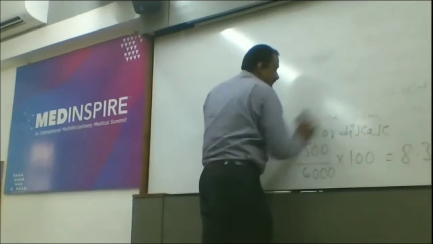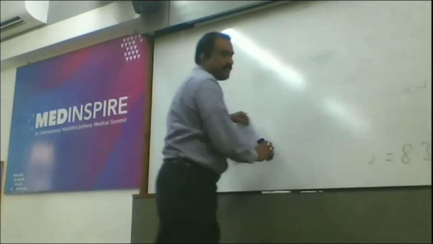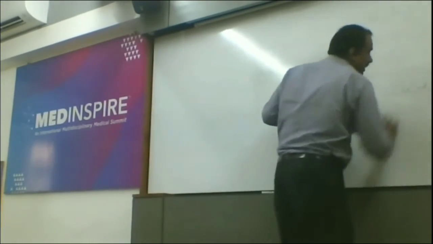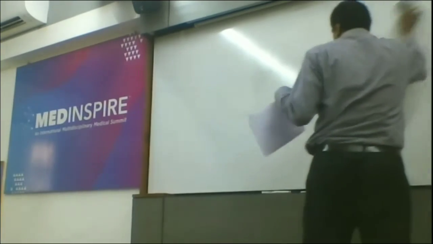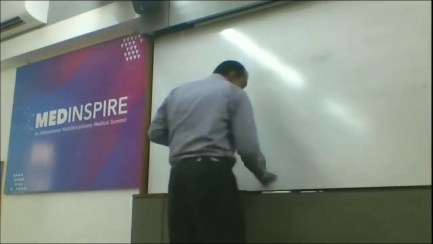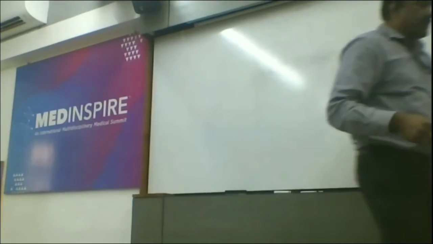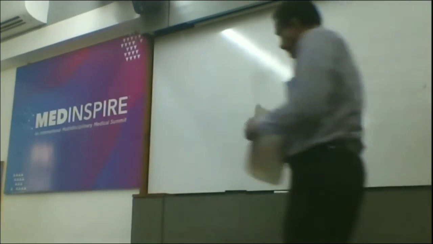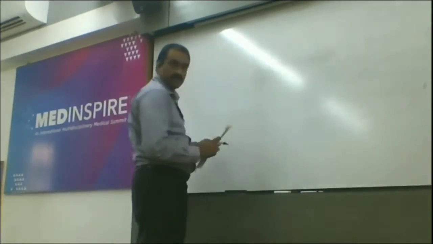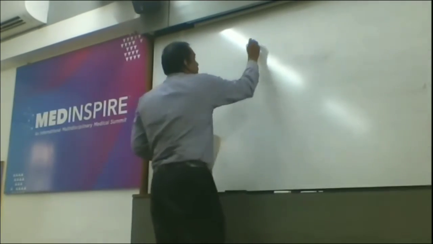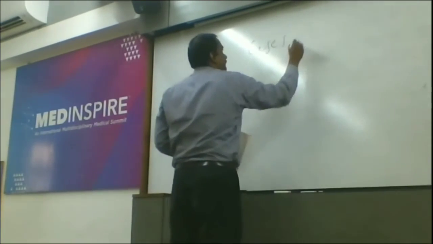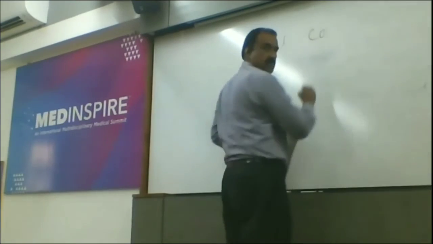So see here, this is a 2 by 2 table. Already we know that. So how to define the values, I am explaining with the framework of a 2 by 2 table. Cases, controls.